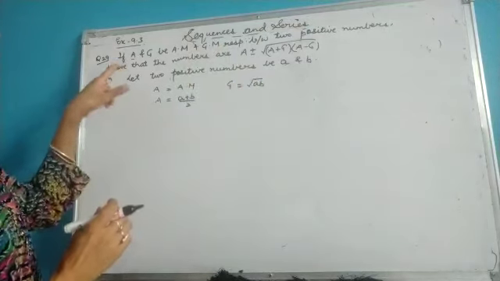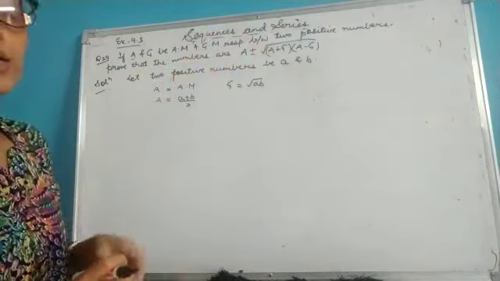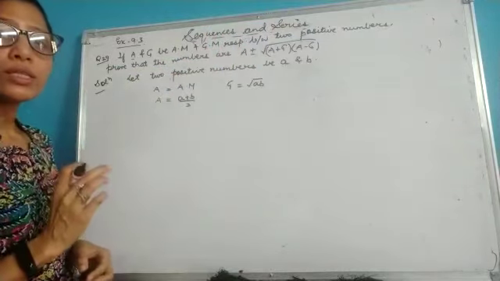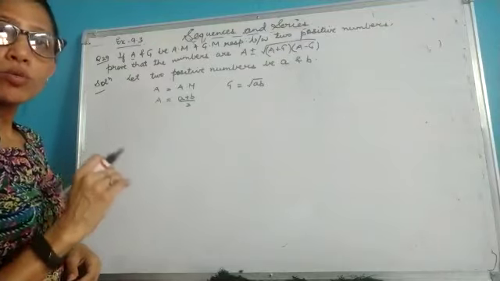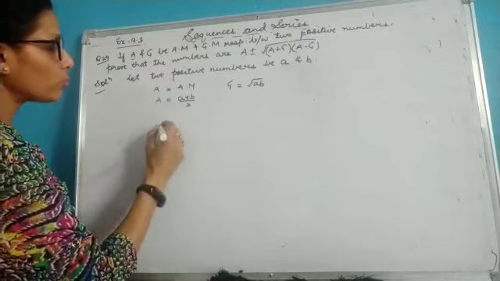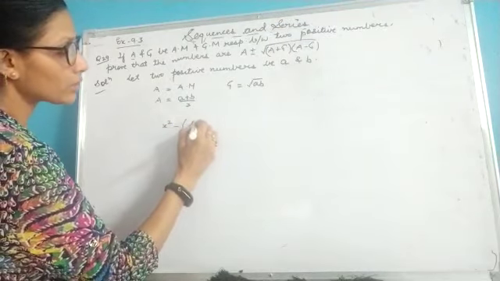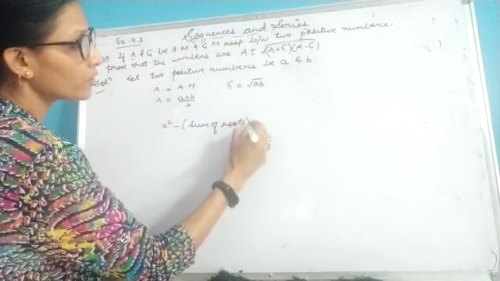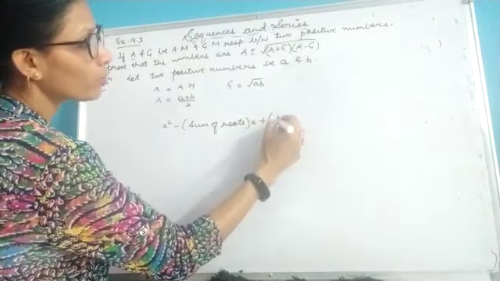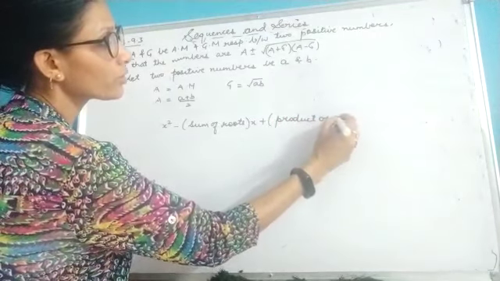Now children, here it is given, prove that the numbers are this. Now you recall the things of class 10th. When you need to find out a quadratic polynomial, then you were writing the formula as x square minus sum of roots into x plus product of roots.